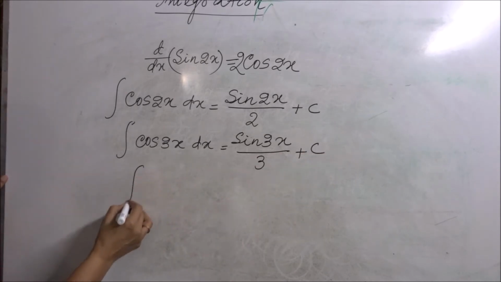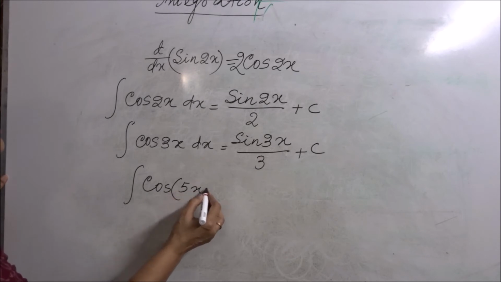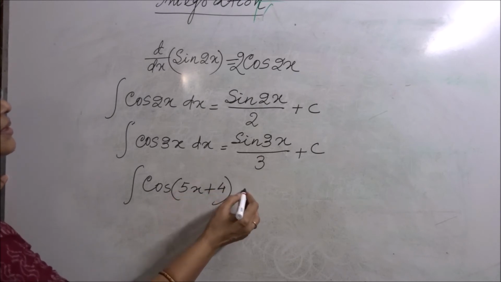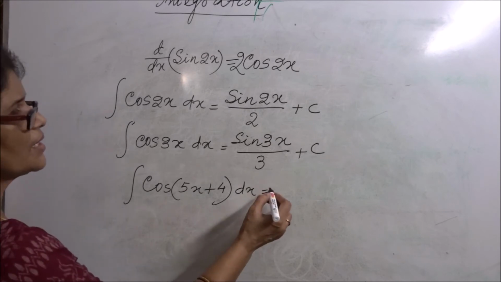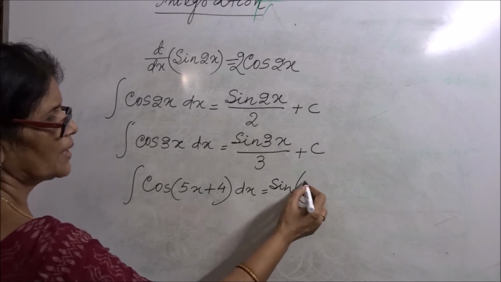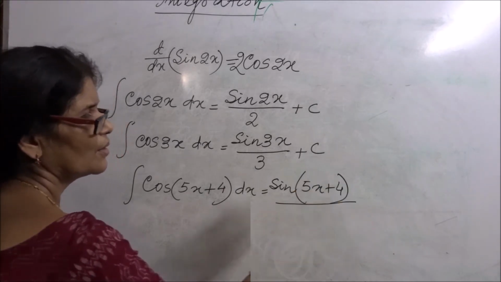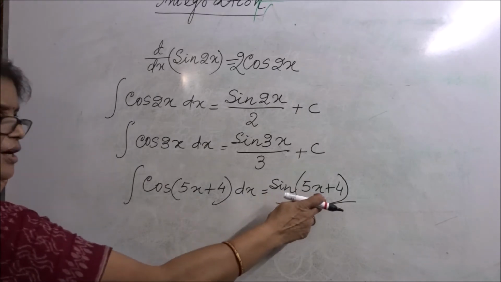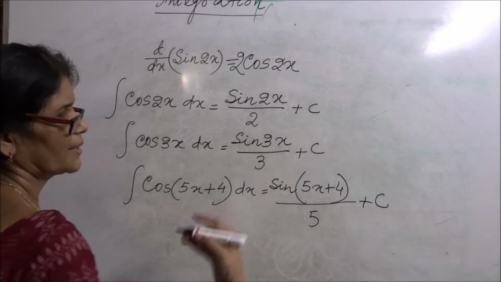If it is the integration of cos 5x plus 4, if you know, you can pause the video, write it yourself, and compare now. So this will be sin 5x plus 4 over the coefficient of x, which is 5. Directly you can go on writing.